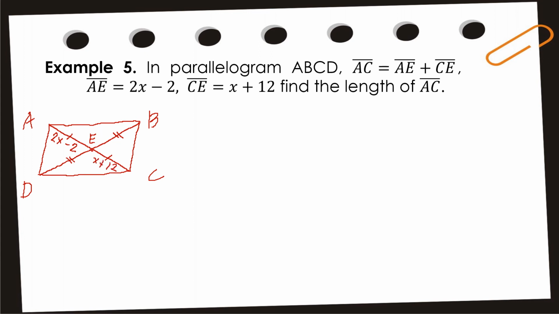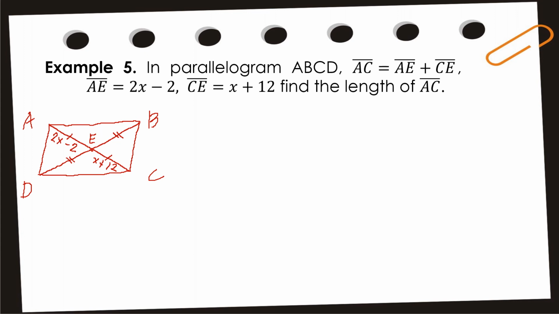Now the instruction is, find the length of AC. In order to find the length of AC, let us first solve for the length of AE and CE by finding the value of x.